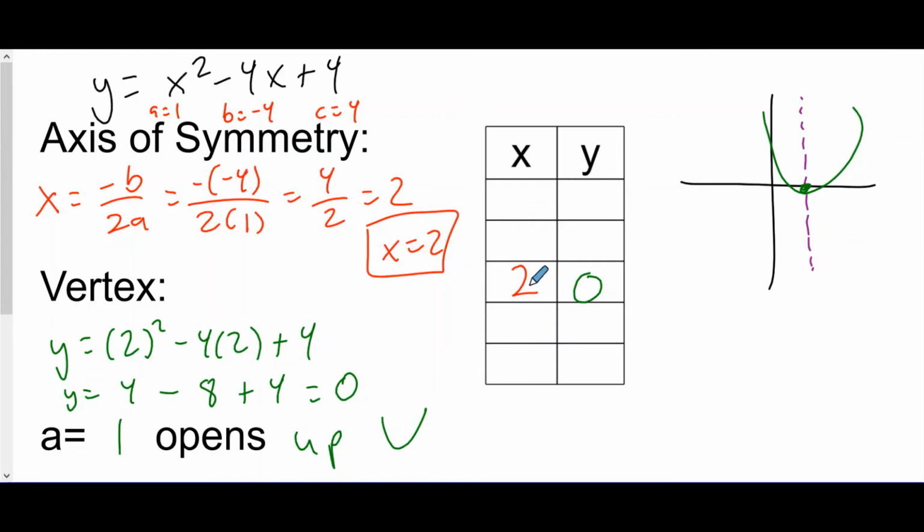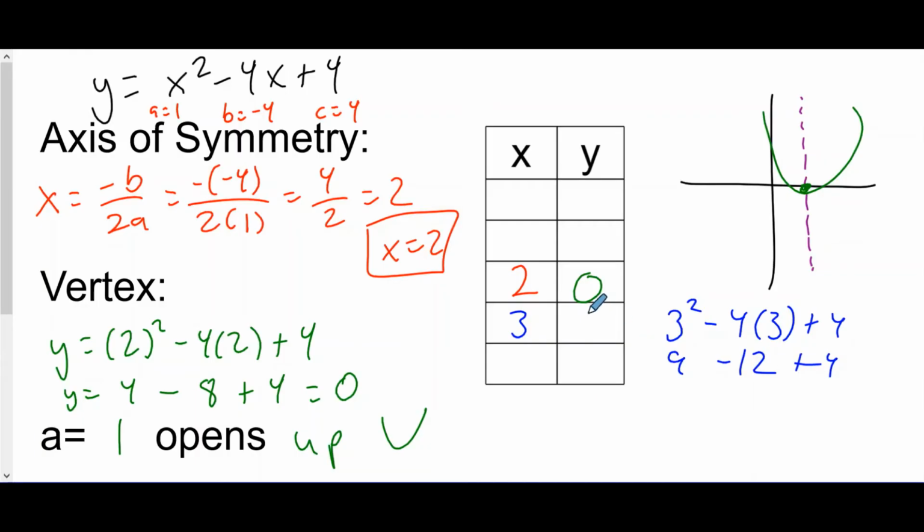So the next one I'm going to try is 3. All right, so I want to see what happens when x is 3. Again, all I have to do is take 3 and plug it into my equation. 3 squared minus 4 times 3 plus 4. That's 9 minus 12 plus 4. 9 minus 12 would be negative 3.